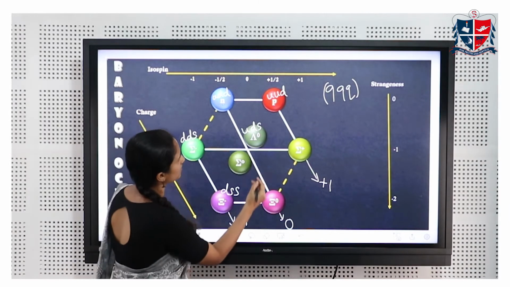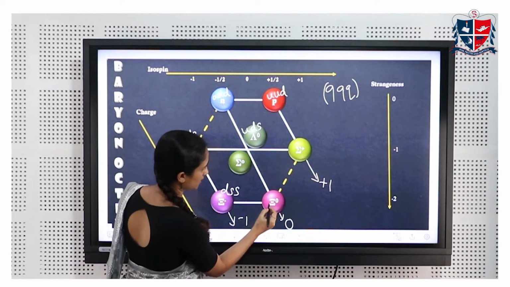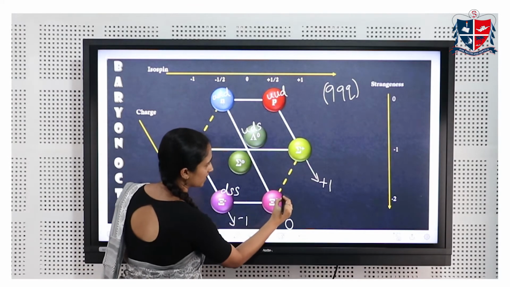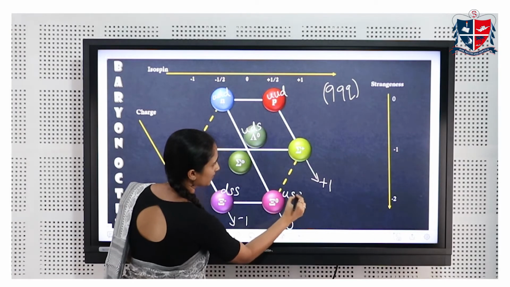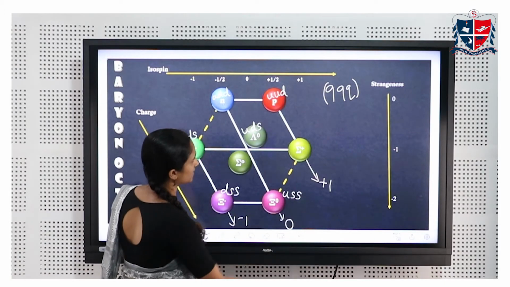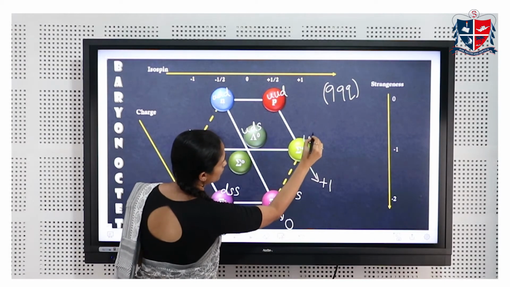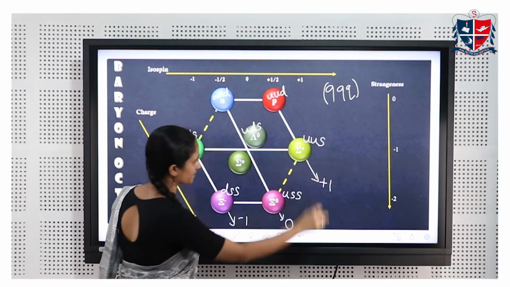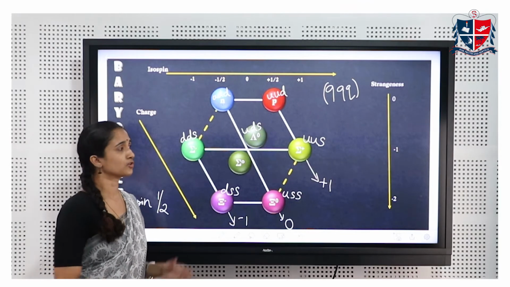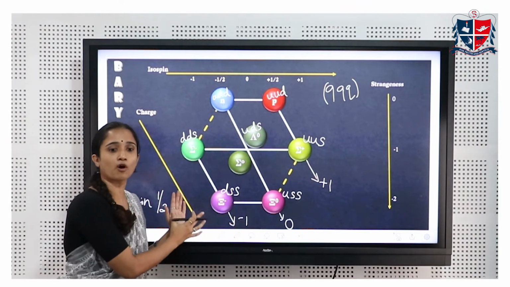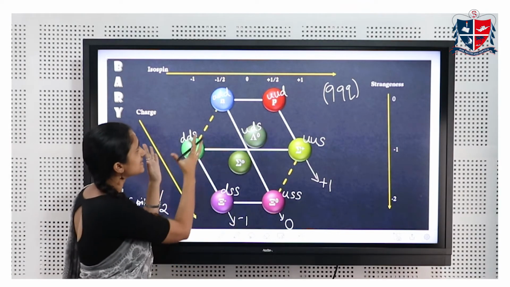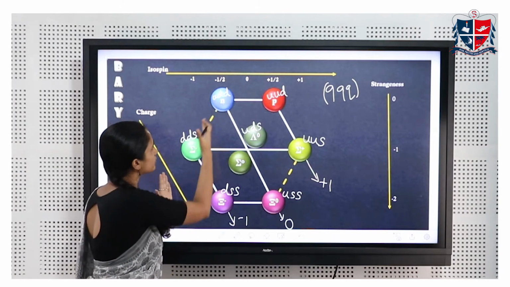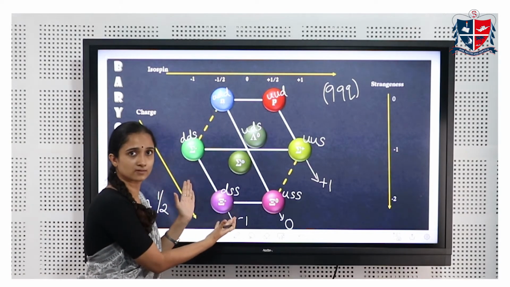Right? Similarly, you can see here the strangeness is minus 2 and the charge is 0. So it will be U, S, S. This will be U, U, S. Fine. So these are the quark representations of all these particles. Now when we see the quark representation, that also shows a particular pattern.